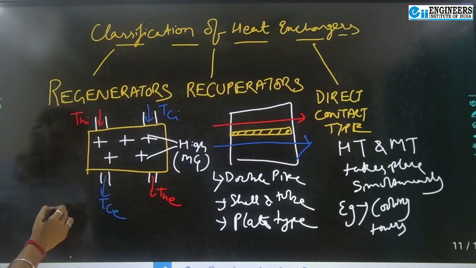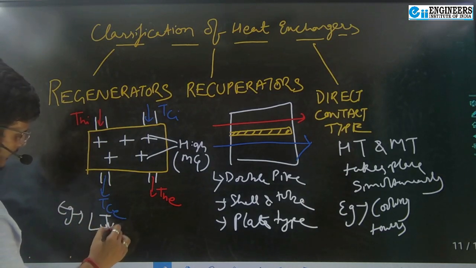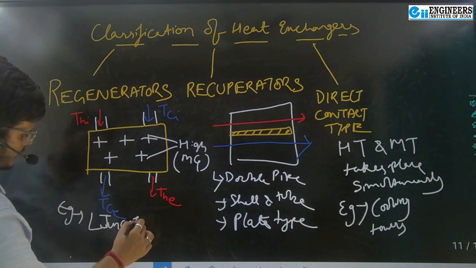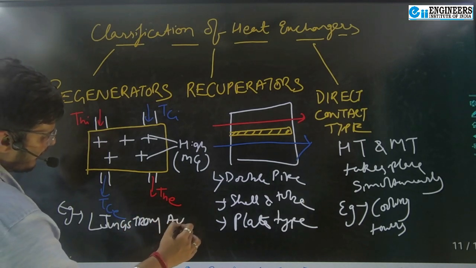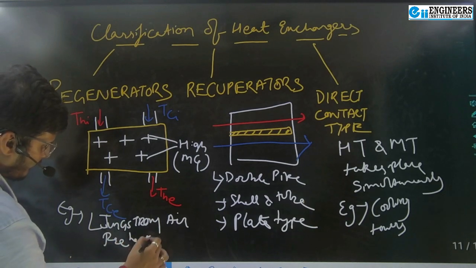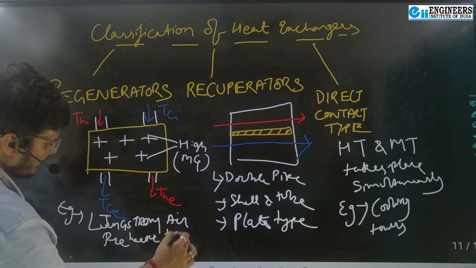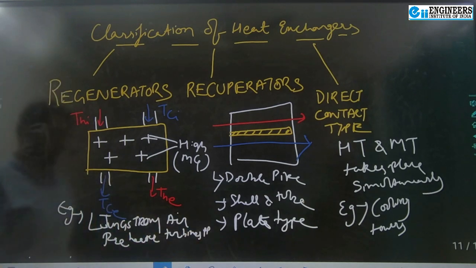Another example, an example of a regenerator, is the Ljungstrom air preheater used in a turbine power plant. So these are the classification.